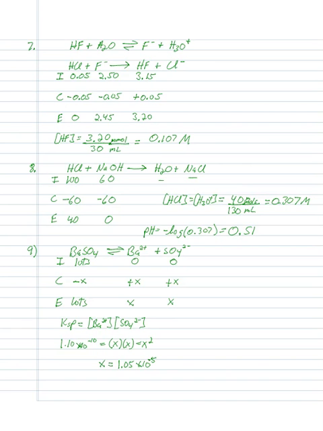Number 10. 10's kind of a spillover from the last unit, just because every once in a while it comes up where you want to work something with a Ka or a Kb. But remember that for a conjugate pair, Ka times Kb is equal to Kw.